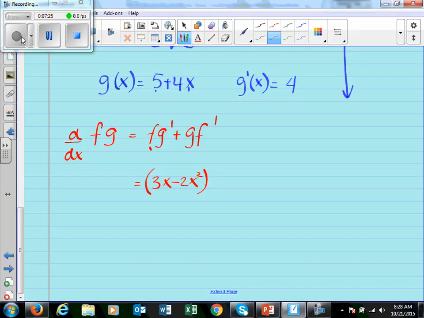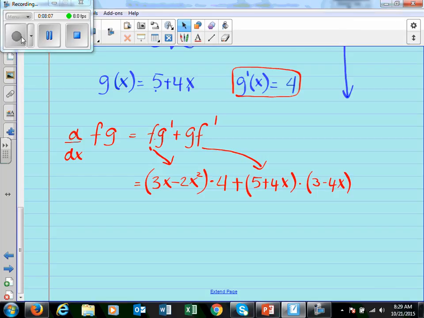Times g prime, which is 4. So f times g prime: the original function times 4, plus g times f prime. All I'm doing is this part, and now this part. That's what we have done.